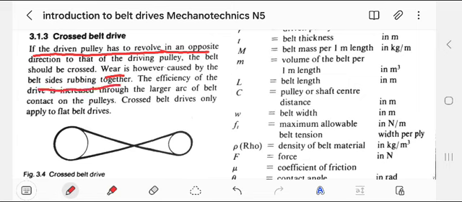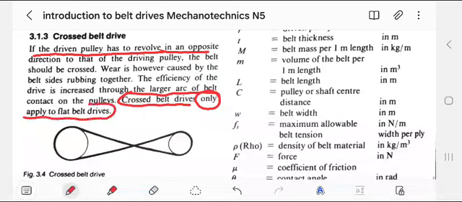The efficiency of the drive is increased through a larger arc of belt contact on the pulley. Here is an important thing. Cross check. They say cross belt drives only apply to flat belts. Only applies to flat belts.